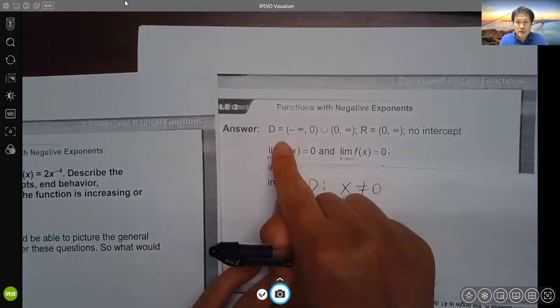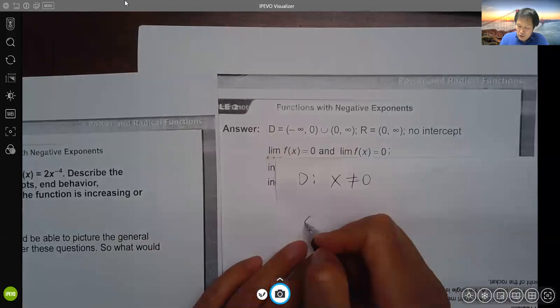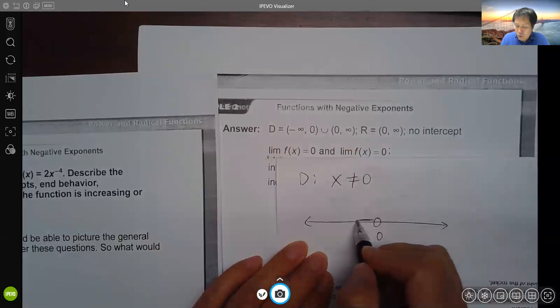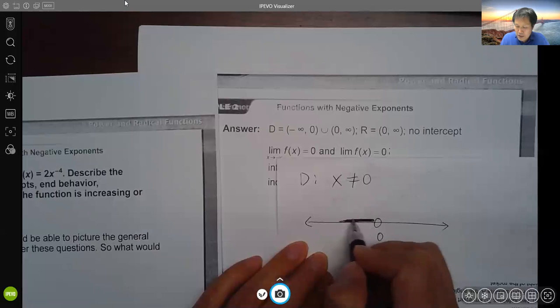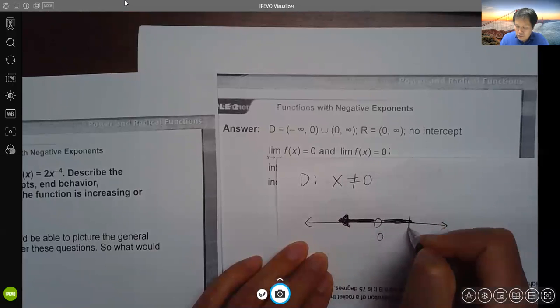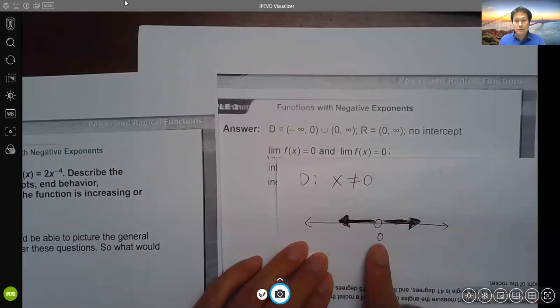ALEKS is asking for interval notation. So it cannot be 0. So 0 is a hole, an empty hole. That means everything else is okay. You can cover everything on the left. You can cover everything on the right. That's all good, except you cannot have 0.